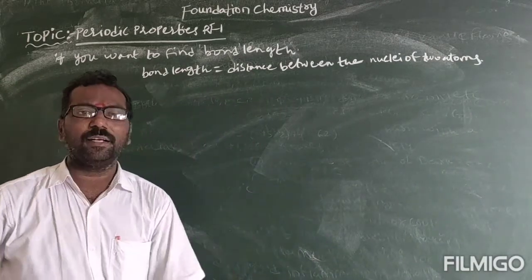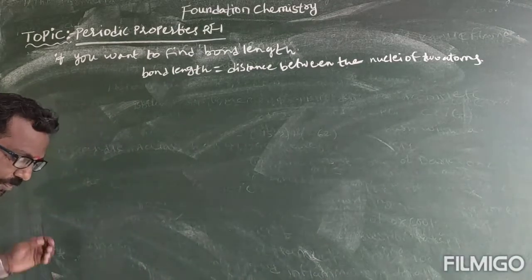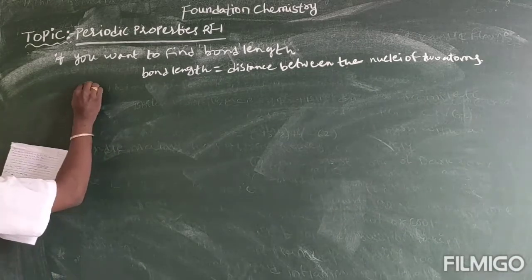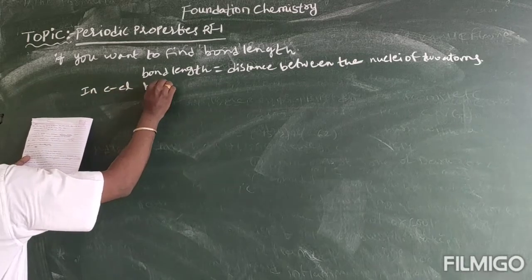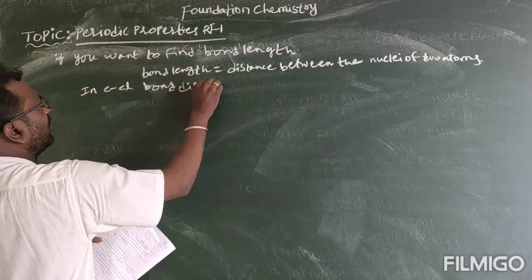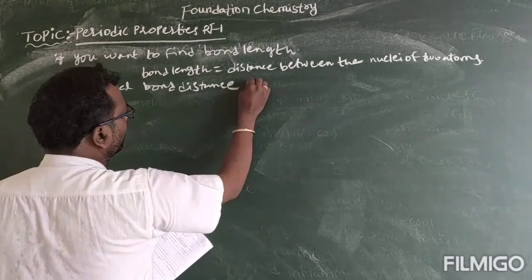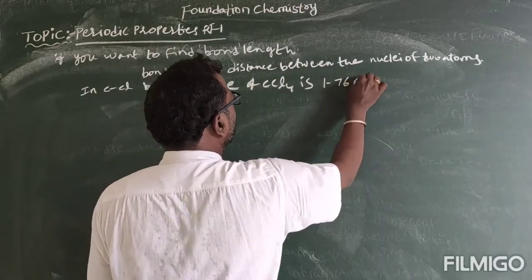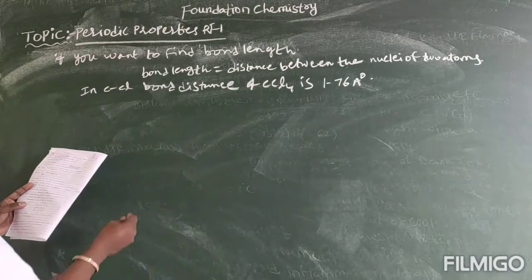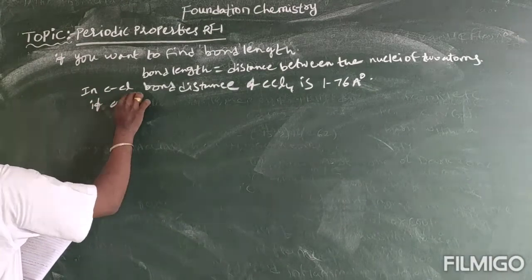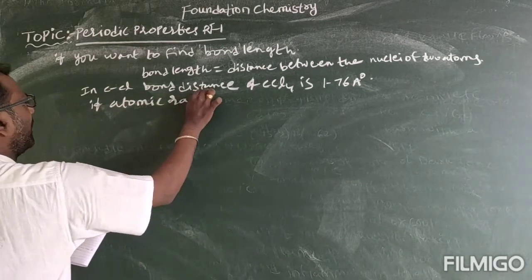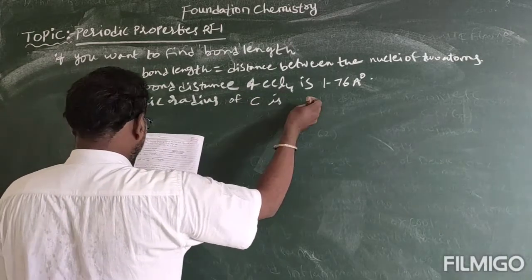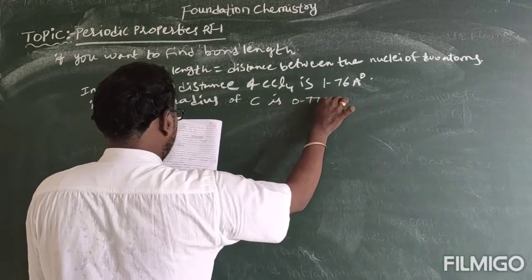Let us consider that the bond distance in CCl4 is 1.76 angstroms, and the atomic radius of carbon is 0.77 angstroms.